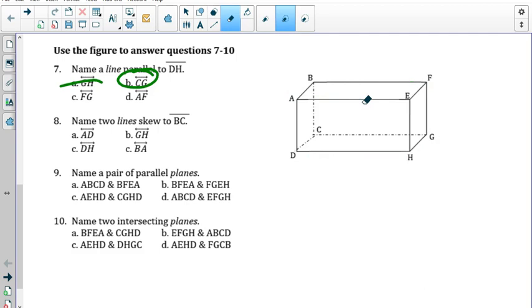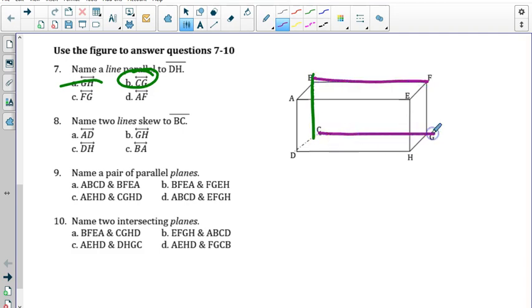All right, name two lines that are skewed. Now here's one where you might want to use colored pencils during the exam. BC. So here's BC. Now, skew lines cannot touch this. So that one's out, that one's out, that one is out, and that one is out. It also can't be parallel.